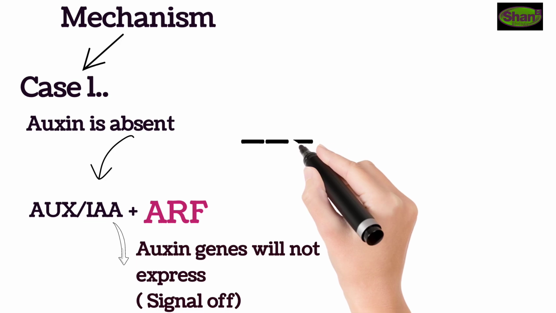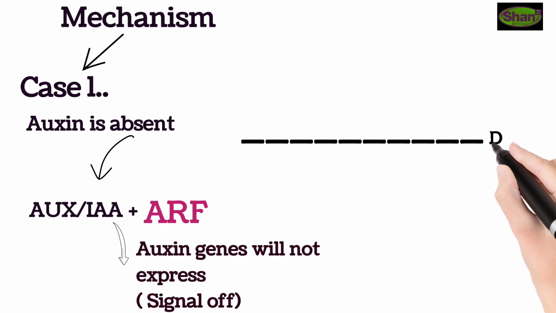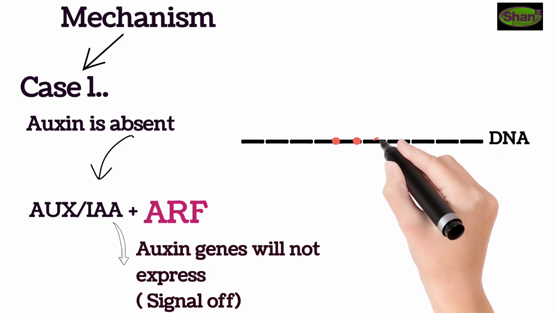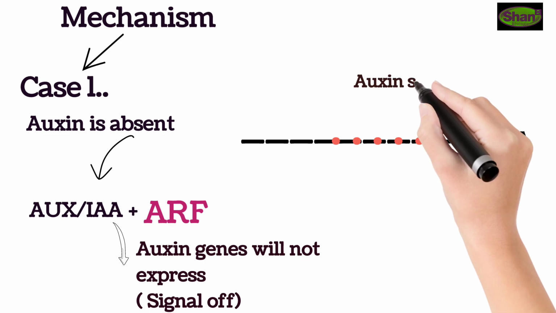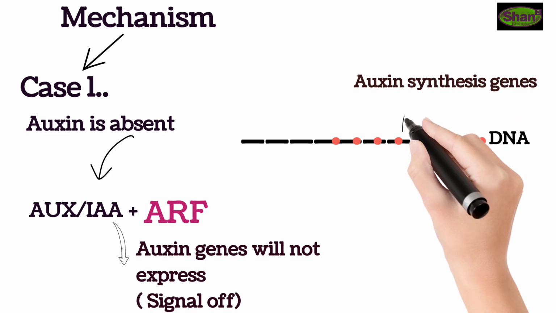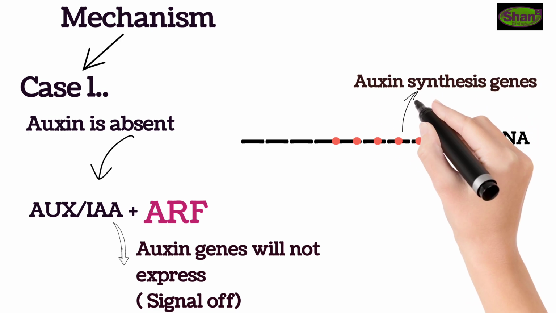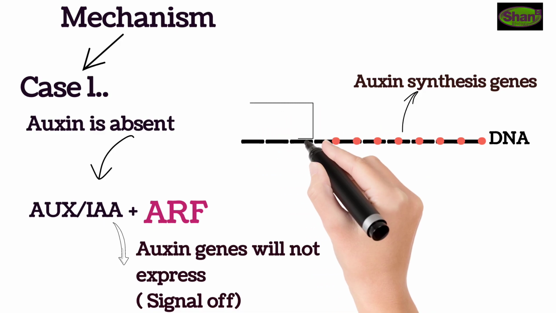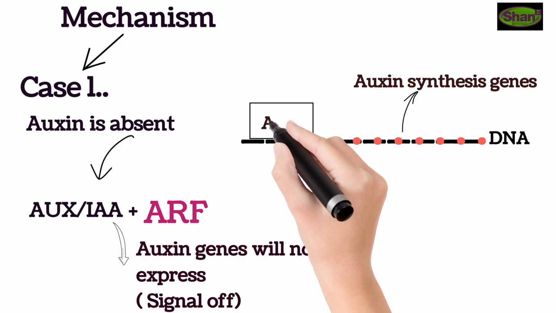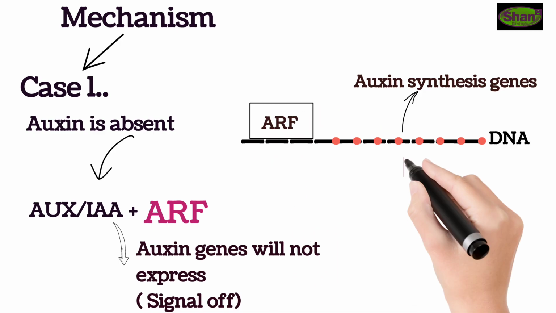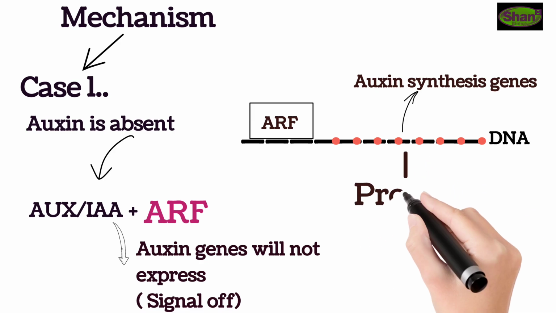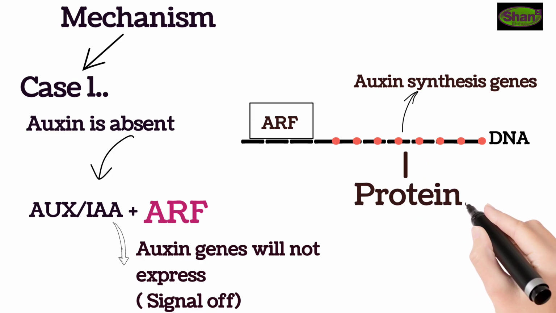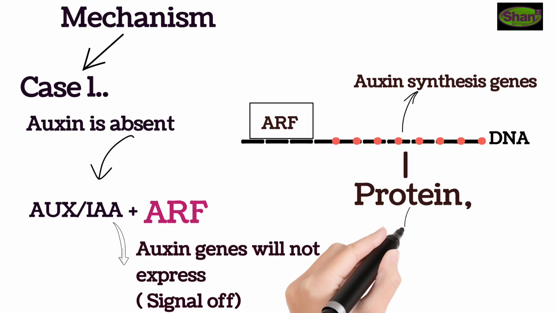Auxin genes will not get expressed, the whole signal stays off. Suppose this is DNA. These are auxin synthesizing genes present on it, and these genes get expressed, they get transcribed in presence of ARF, the transcription factor. They form proteins. Later on proteins form what we call auxins.